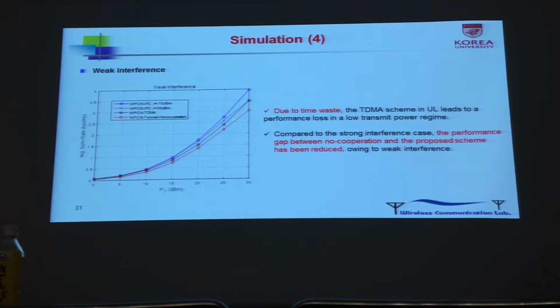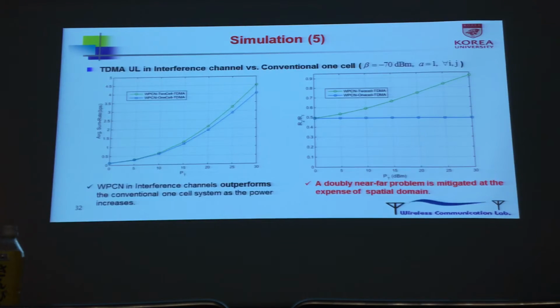The independent cell scenario has a small gain because the simulation environment has very weak interference, so the gain may be reduced. And this is another example of the TDMA reference system, and it shows a good performance gain.